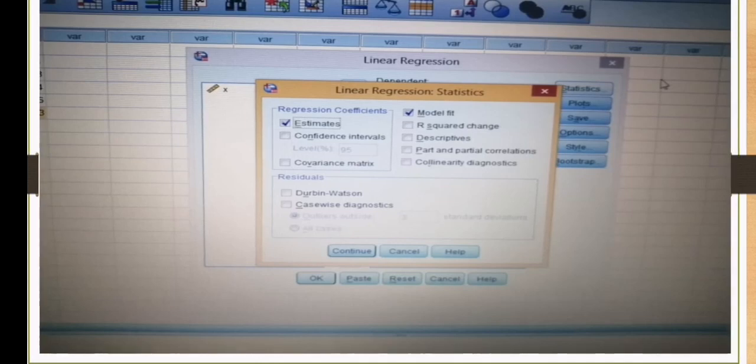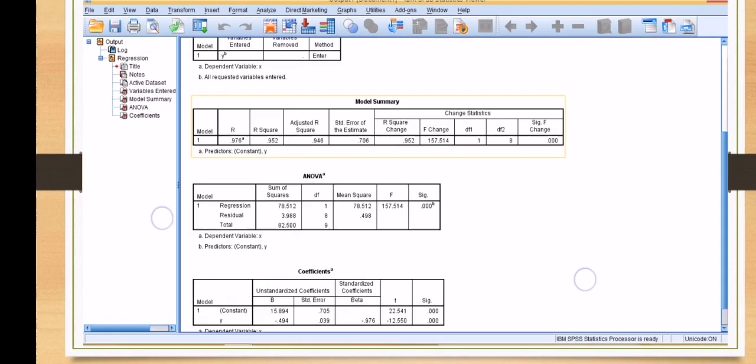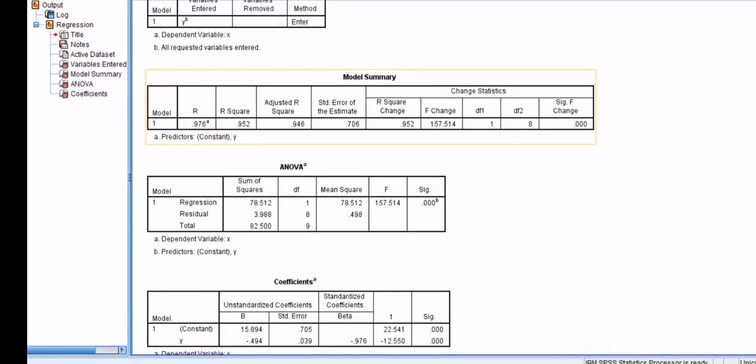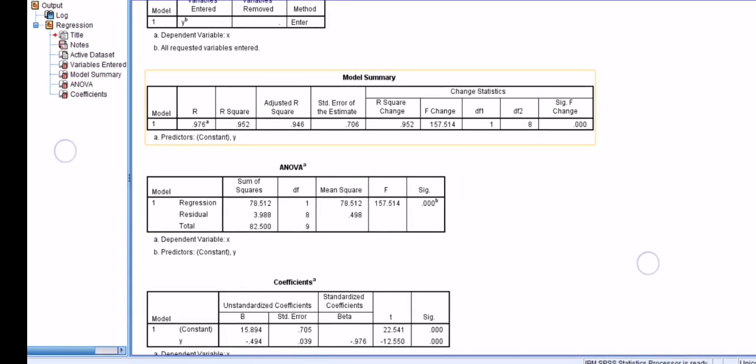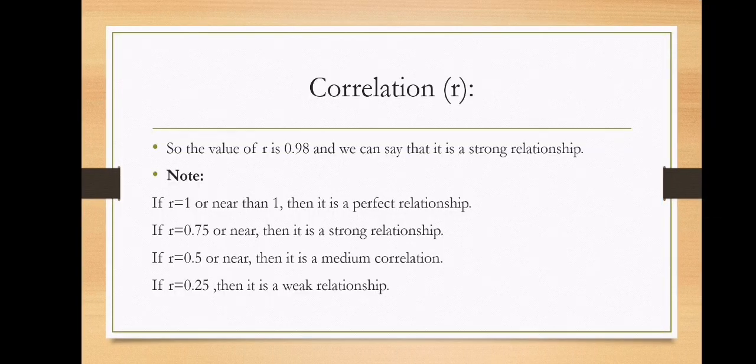Here we don't tick R squared change. Continue, and we got the answer 0.967, which is about 0.98. So the value of R is 0.98, and we can say that it is a strong relationship.